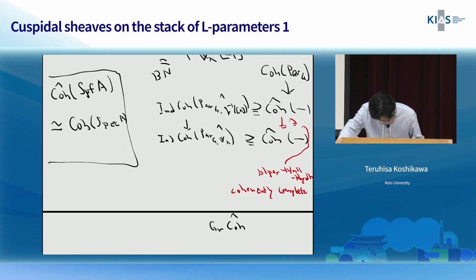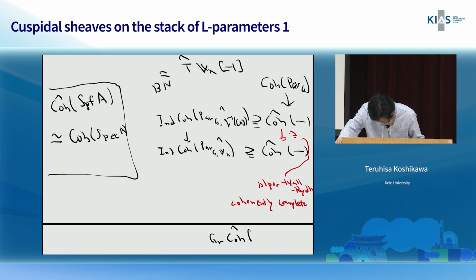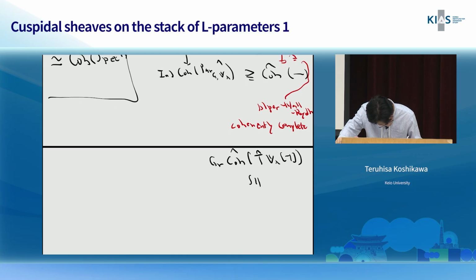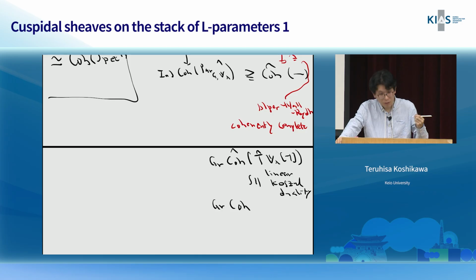And graded sheaves on this tangent stack, this is equivalent to, so this is a linear Koszul duality, graded actual coherent sheaves on the cotangent stack.